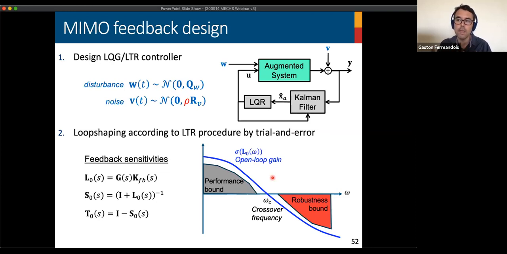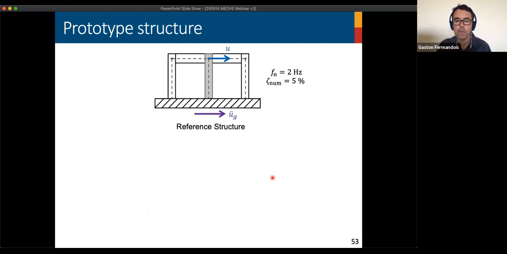But this is easier said than done, because it is quite difficult, especially when you deal with multiple coordinates. And I'm not going to go into too much detail. So after you design the controller, everything is perfect. You implement this into your real-time controller, and then you can get ready for the first test.